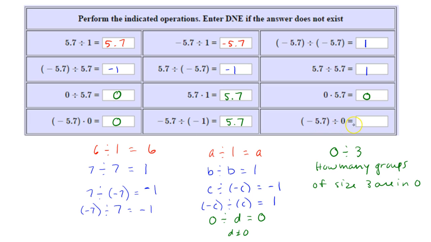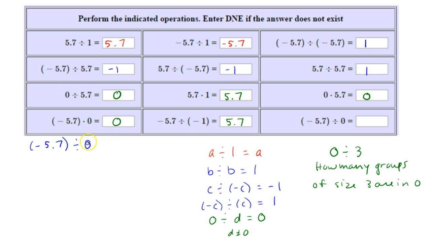And finally, we have one last question. And this one is a little bit tricky. I cleared some room so we can explain it. There's a few ways we can think about this, but let's take a look at one way. We're going to think of the missing factor model. So let's look at an example like 12 divided by 3 equals some number.